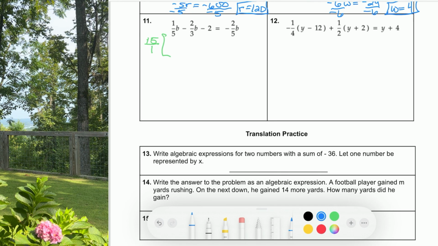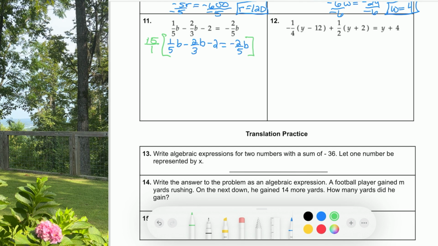Okay. So I've got the 15 over 1 out there. I'm going to rewrite the problem. Okay.